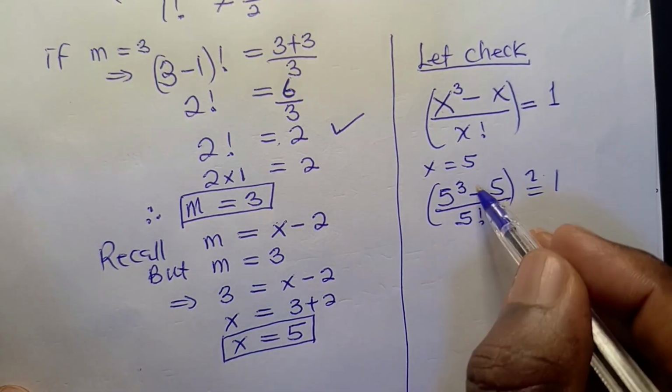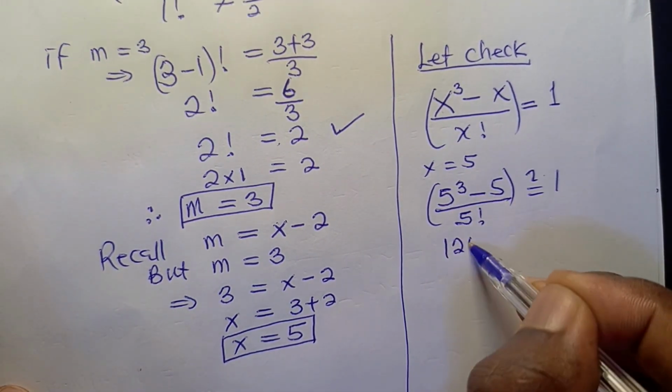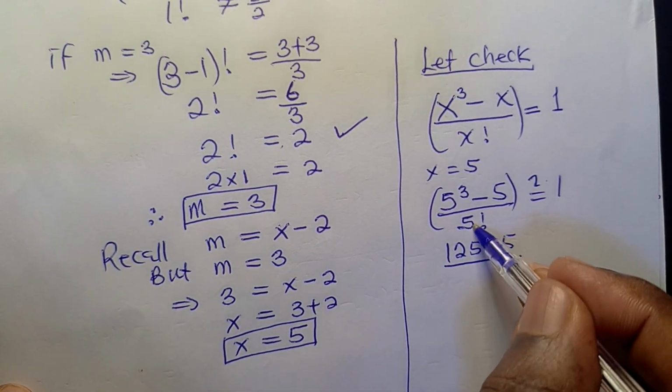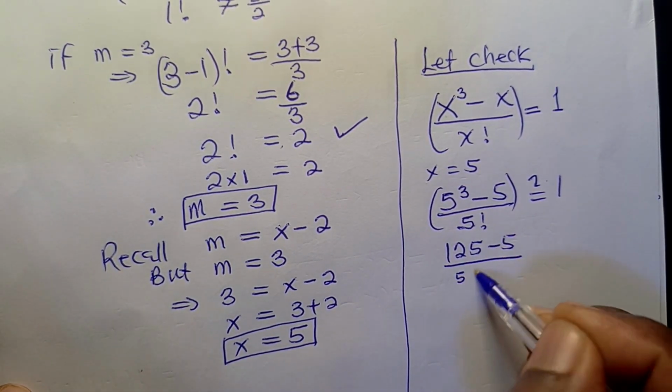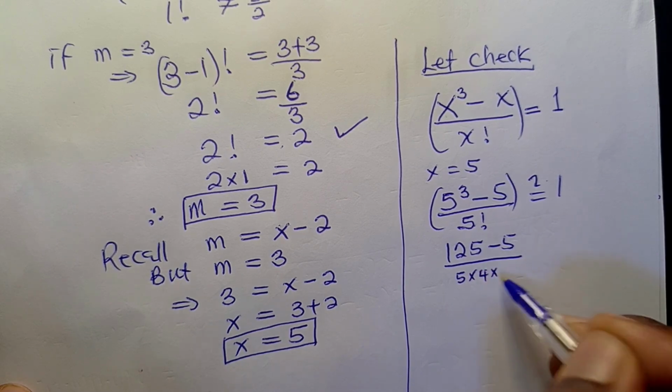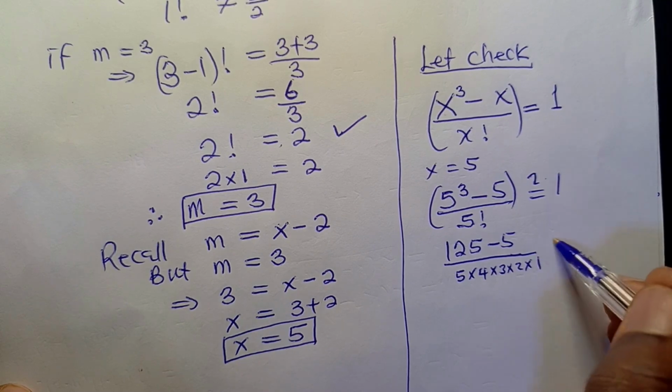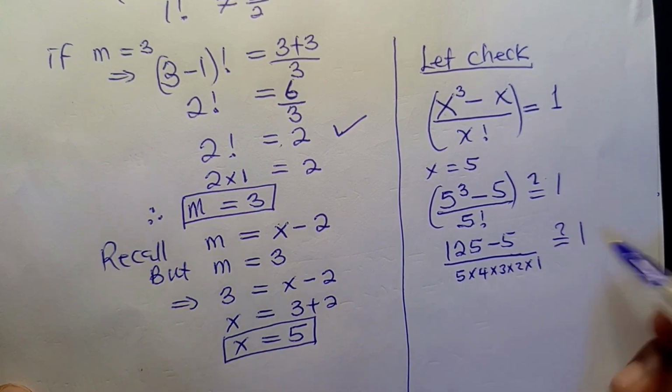So 5 cubed is 125 minus 5, all over 5 factorial, which is the same as 5 times 4 times 3 times 2 times 1.